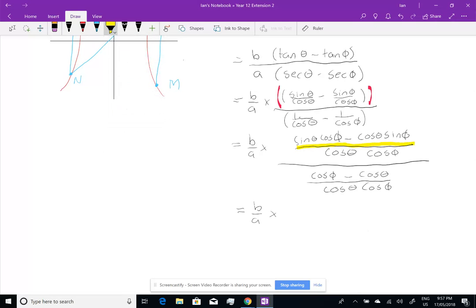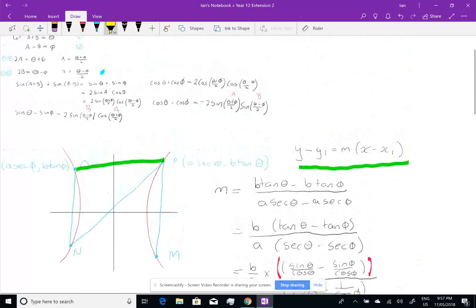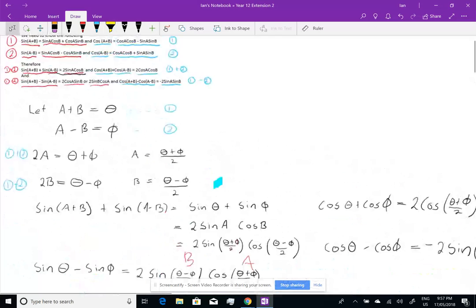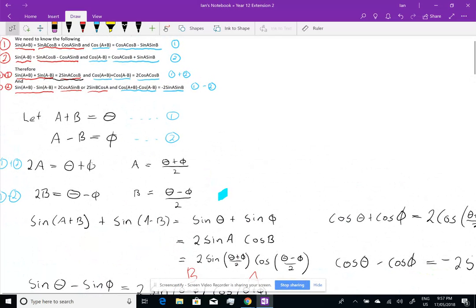Sine cos minus cos sine. Well, let's go back to these things that we were talking about. Sine cos, cos sine. Sine cos minus cos sine. And we can see it here.